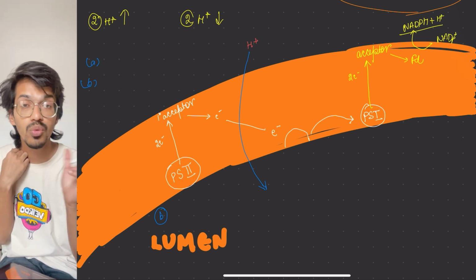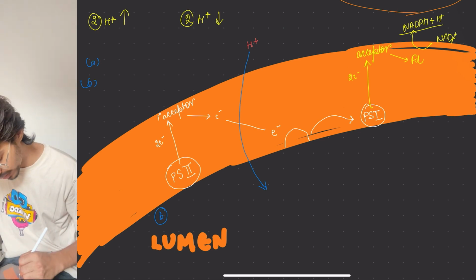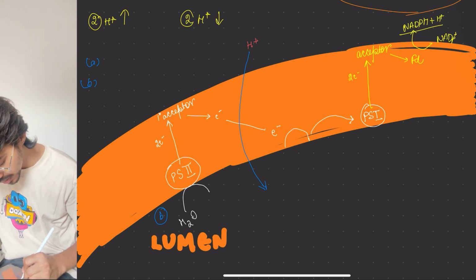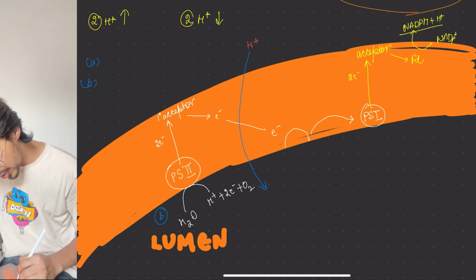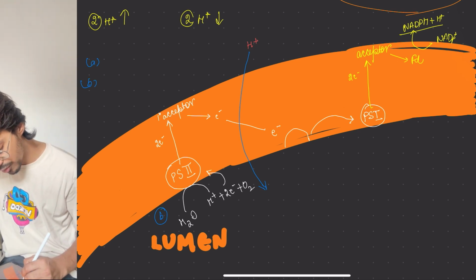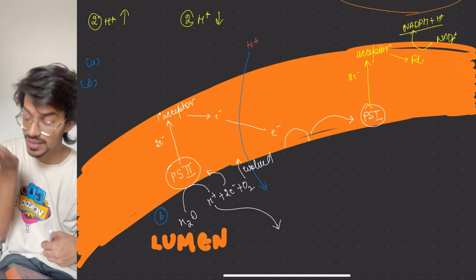We don't want that to occur. So what will happen? Water will break down over here. H2O will break down into H positive, electrons plus O2. The electrons will be given to this, oxygen will be evolved out, and H positive will be thrown inside. Second way, in the lumen it is increasing.